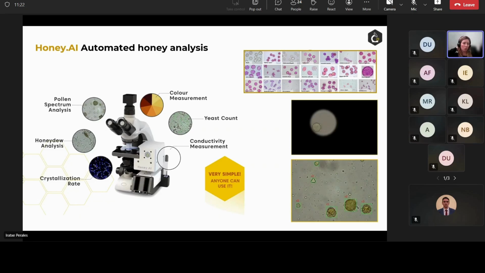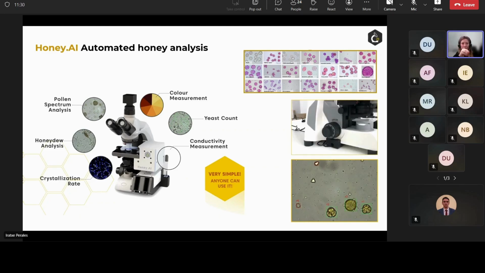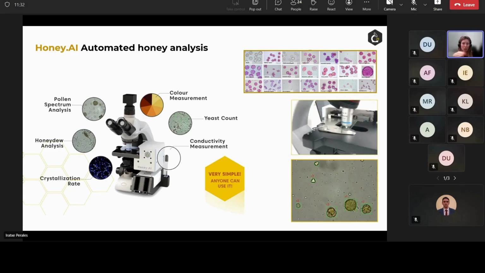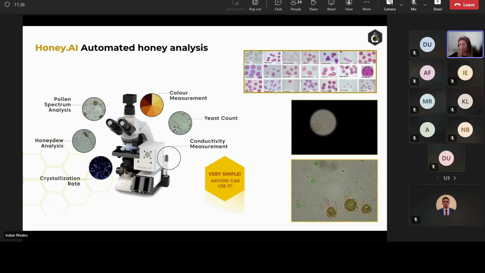So at the end, what we wanted to develop is something useful for the honey industry. Here you can see how the pollen grains are being focused and how the microscope scans the sample. And these are very brief images of the pollen grains.